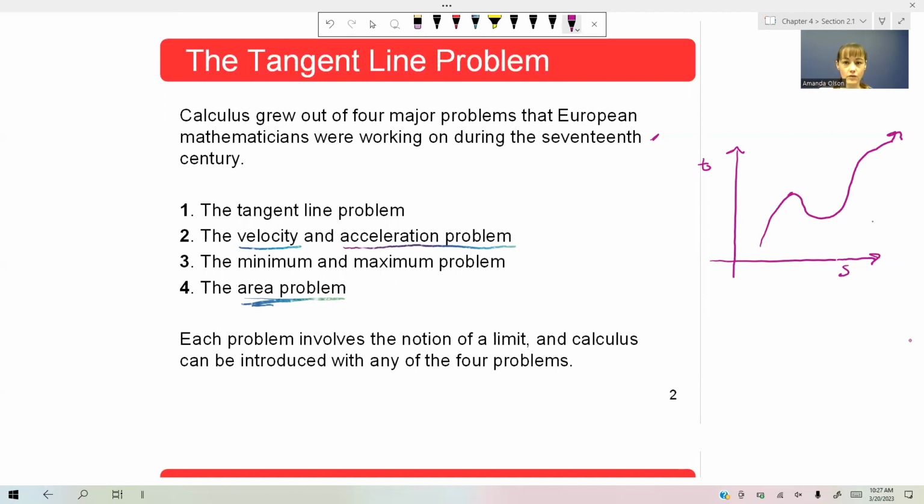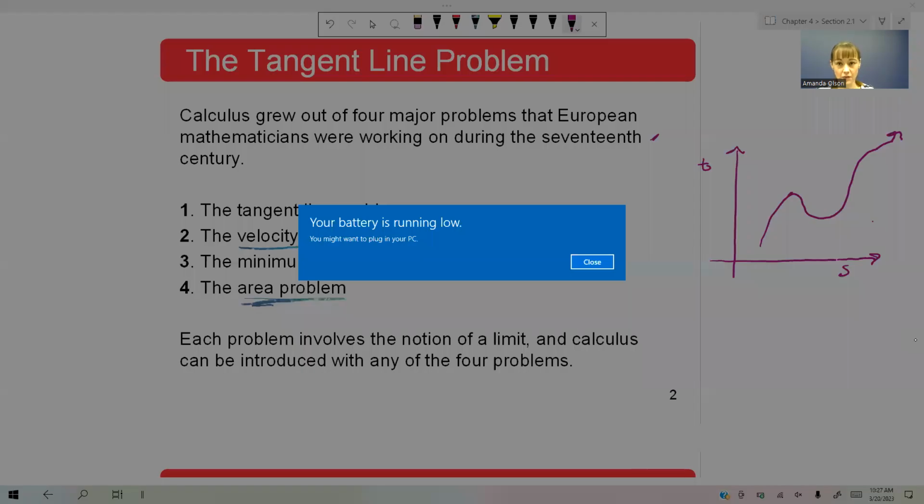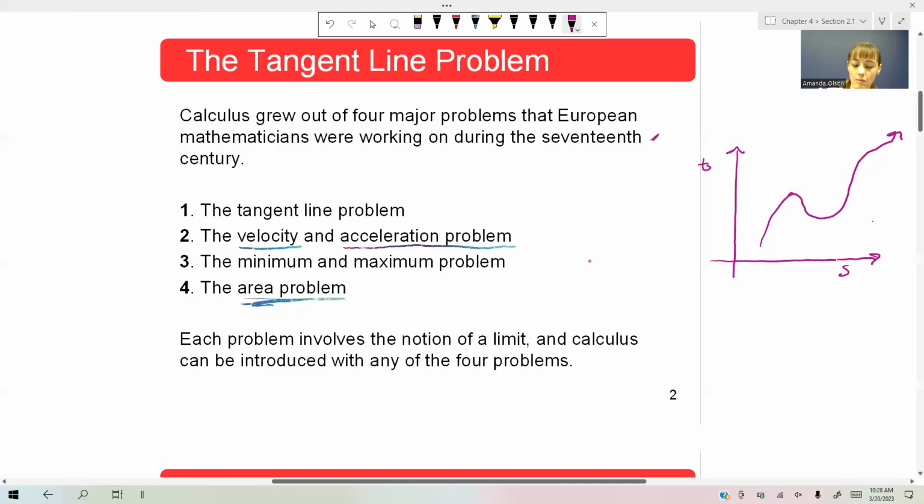From an algebra standpoint of the speed I was going, you would measure how long it takes me to get from here to wherever I stop in Sioux Falls, and then say, okay, she went this distance over this much time.